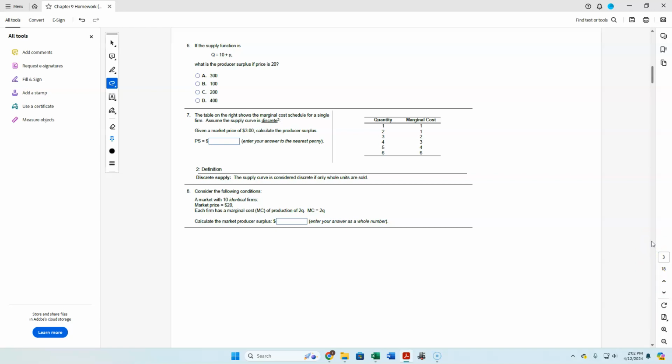Supply function of 10 plus P. Produce a surplus if the price is 20. Again, very helpful to just draw out the graph for yourself. So now I'll still draw in the demand function, even though I don't really need it here, but my supply function here, the price is 20. The supply function is defined by Q equals 10 plus P. When Q is 0, which is where I'm looking for the intercept with the y-axis, P is equal to 10.